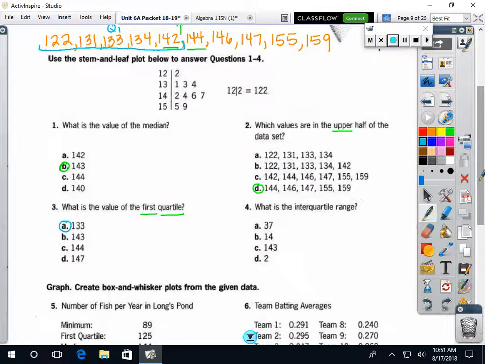Okay, now let's think about this for a second. It says, what is the interquartile range? Tell me what just regular range is. Correct. Regular range is when you do the max minus the min. So, Collis, what do you think interquartile range would be?